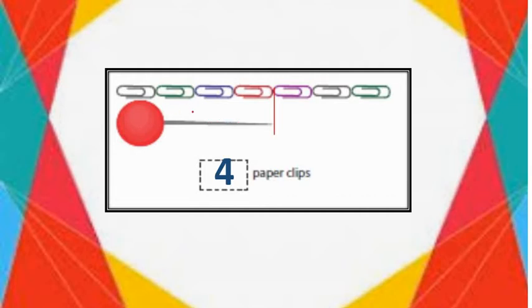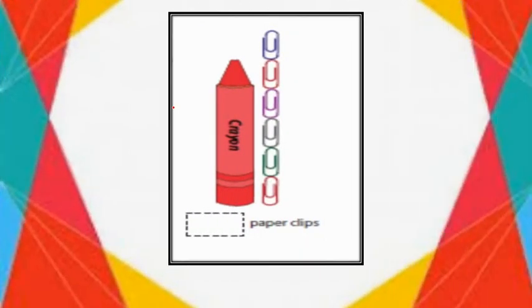This pin is as long as these 4 paper clips. Next we are having an image of a crayon. Find out the end point. Here it is. It is 1, 2, 3, 4 and 5 paper clips long.